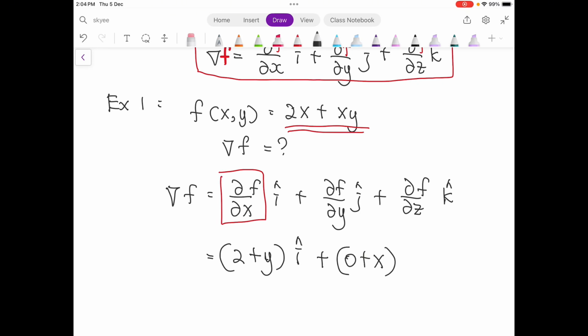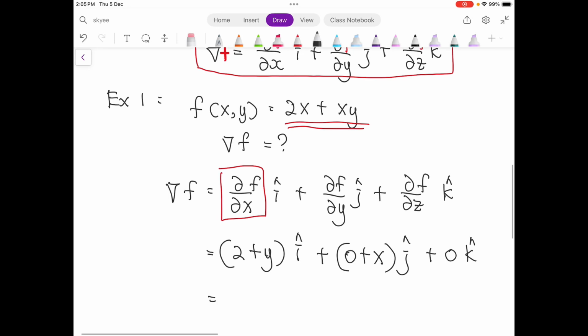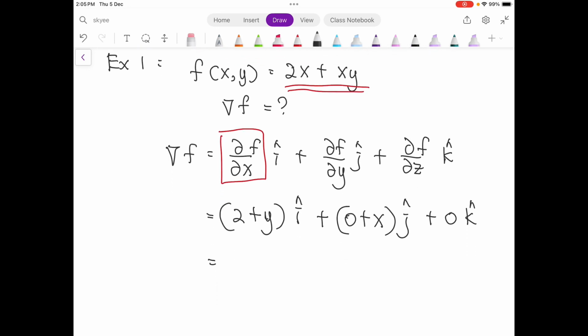This is your j component. The differentiation with respect to z will be equal to 0 because there is no z component. So as a result, the gradient of this function will be (2 plus y) i plus x j. This is the gradient of your function. It's very easy.